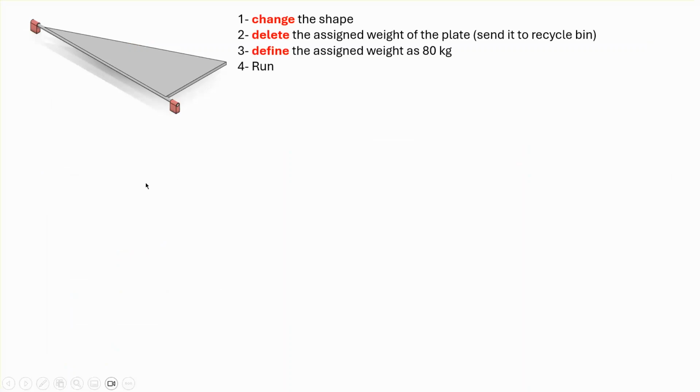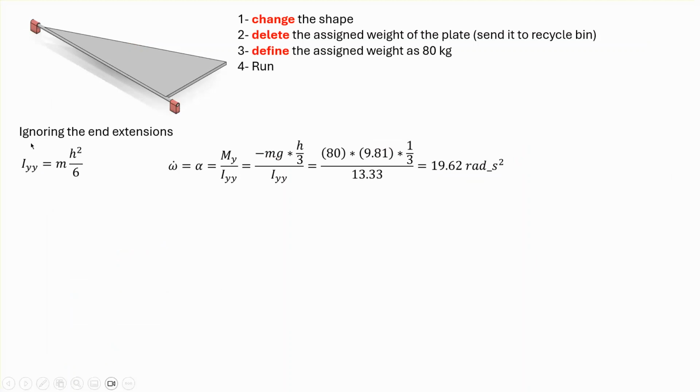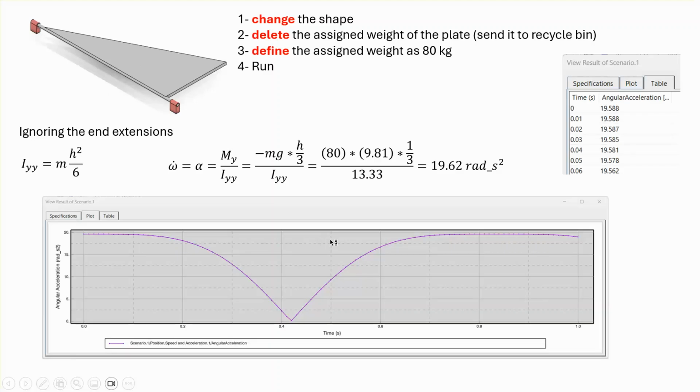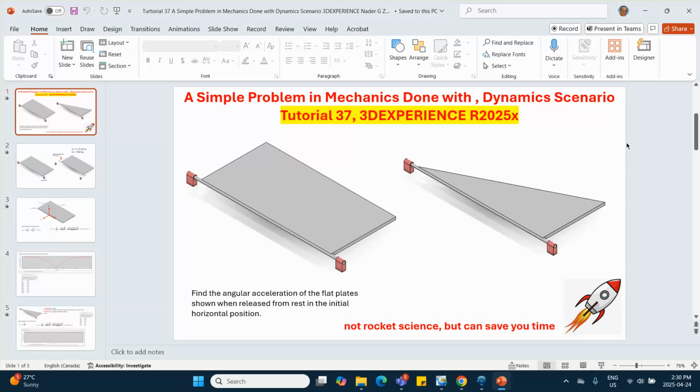The only difference is that the mass moment of inertia will change, and I took this thing out of a dynamics book, and the moment arm is going to change. Instead of h over 2, it is h over 3, and I should be getting 19.62, roughly, rad per second squared, and see that. Okay, let's go ahead and do it.